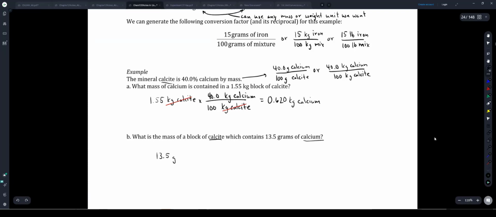I have 13.5 grams of calcium. Remember, we've got two substances, calcium and calcite. We don't even want to abbreviate them because it would be easy to confuse them. In the denominator, I want grams of calcium to cancel, and I want grams of calcite in the numerator.